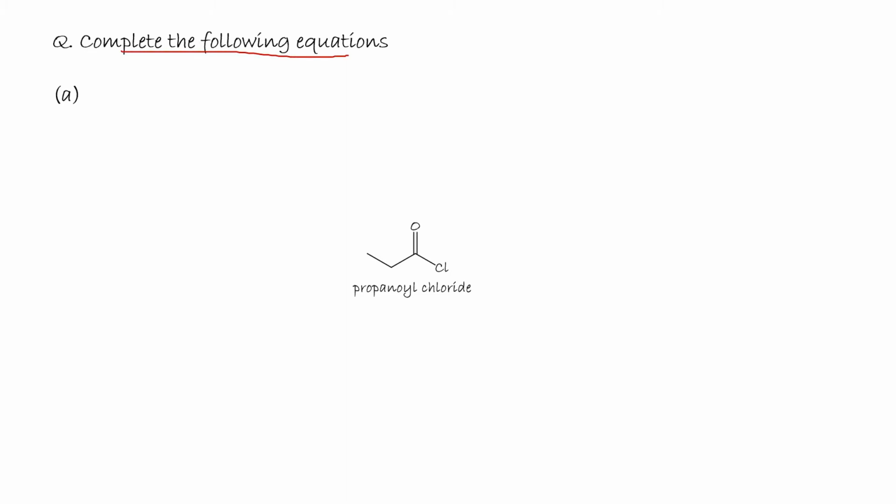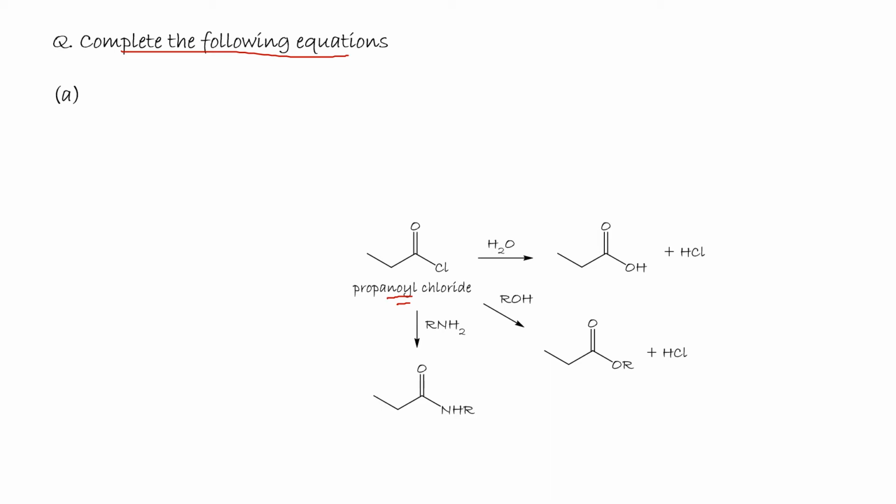Complete the following equations. Now we have propanoyl chloride. We add water. Okay, so we replace the Cl with an OH, acid. Alcohol, we change Cl to OR, ester. RNH2, that will be amide, right? Carboxylic acid, that will be anhydride, right? Two equivalents of RMgX Grignard followed by hydrolysis, that will be tertiary alcohol, right?